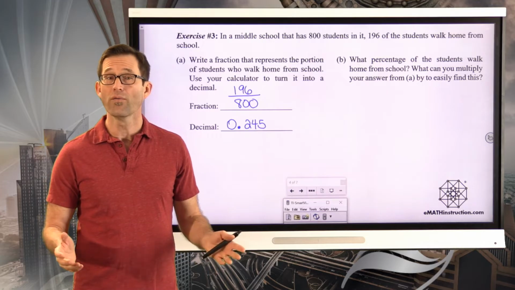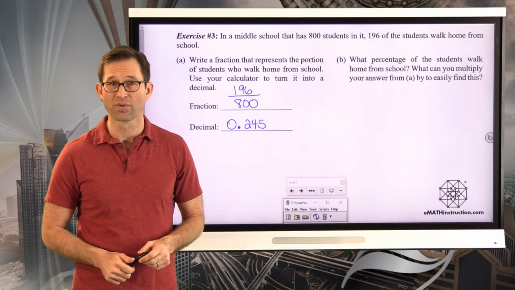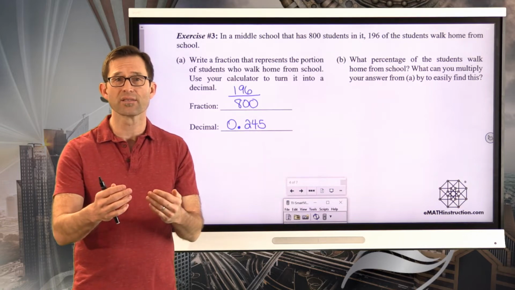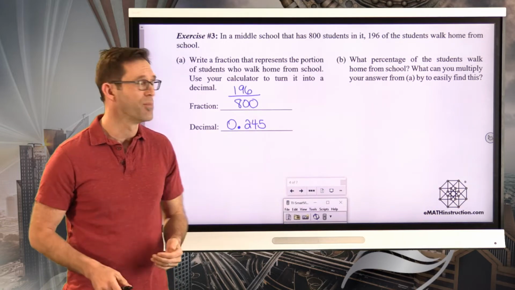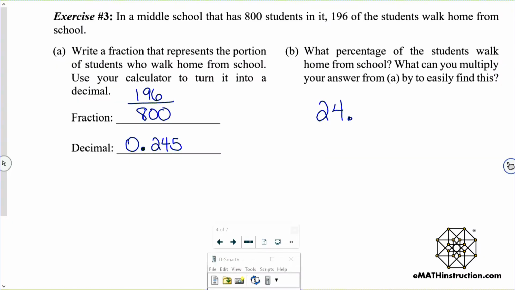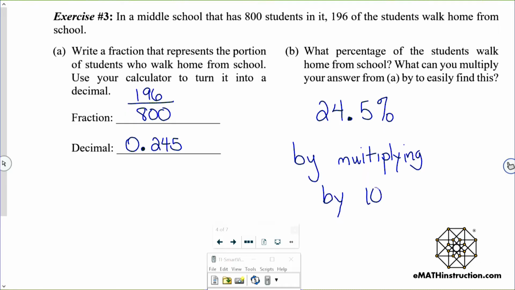All right, well hopefully you said 24.5%, right? We've been doing a lot of this going back and forth between percents and decimals, right? So this just represents 24.5%, and again, we can just multiply, there we go, just by multiplying by 100.